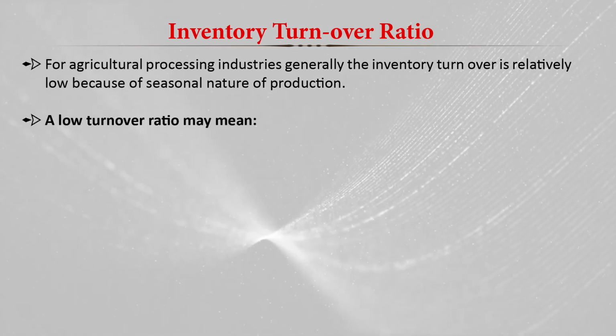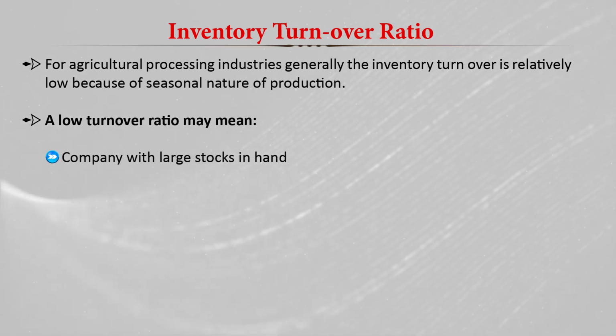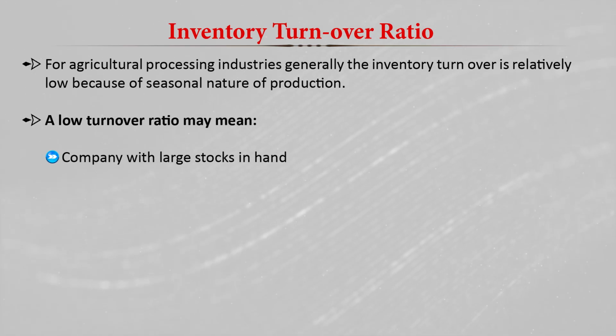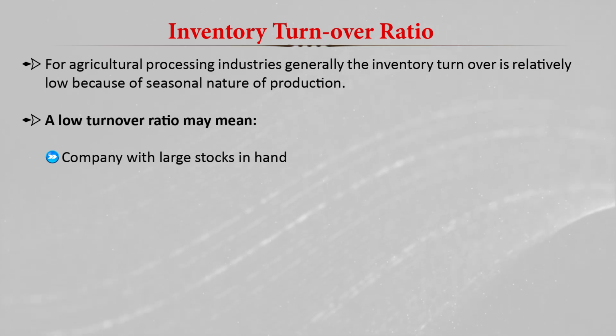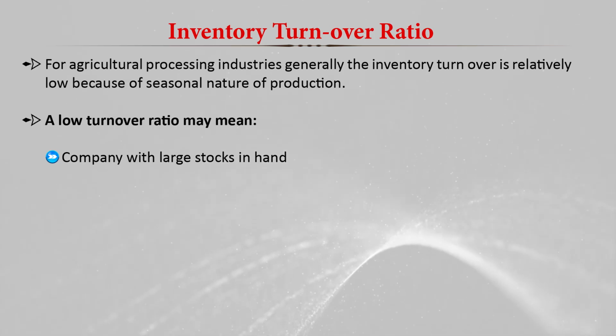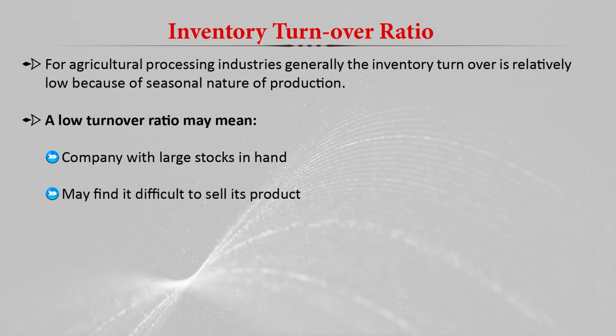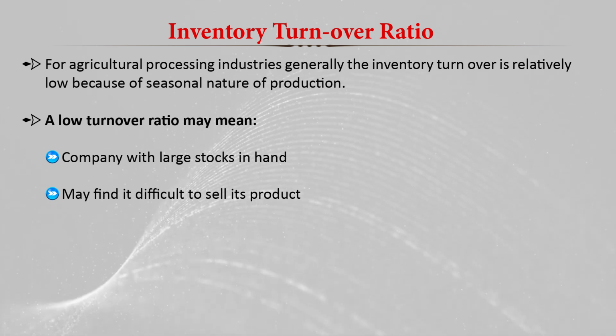So here a low turnover ratio actually means that the company has large stock in hand, and low turnover ratio means it is finding it difficult to sell the product in the market.